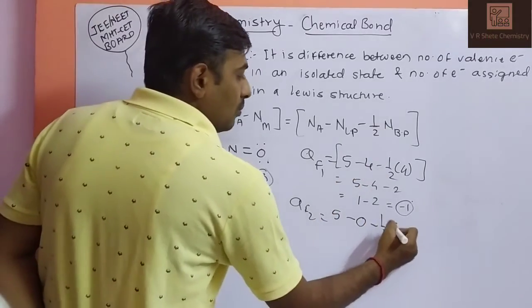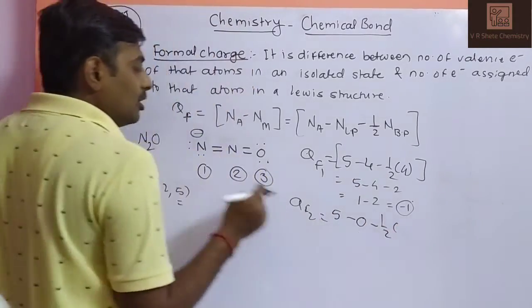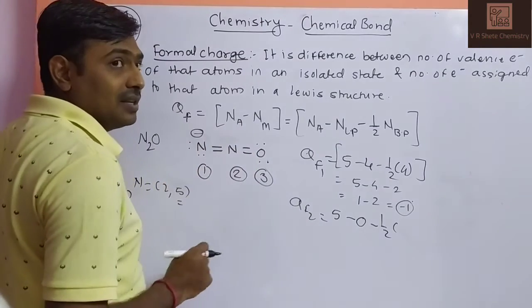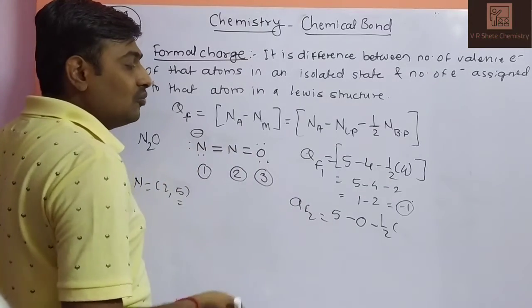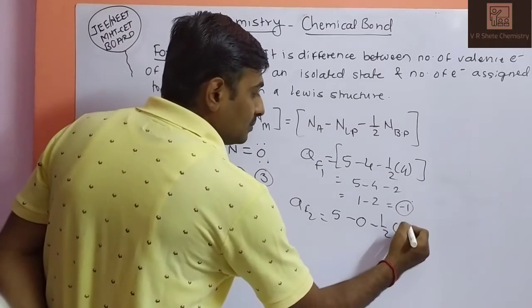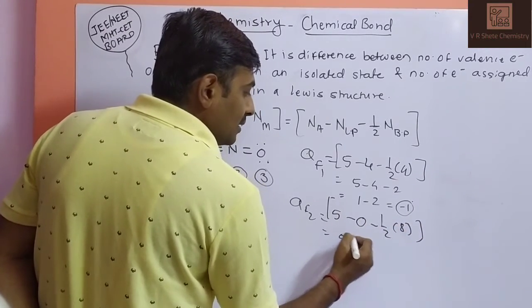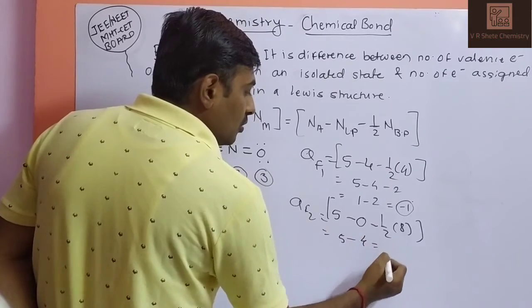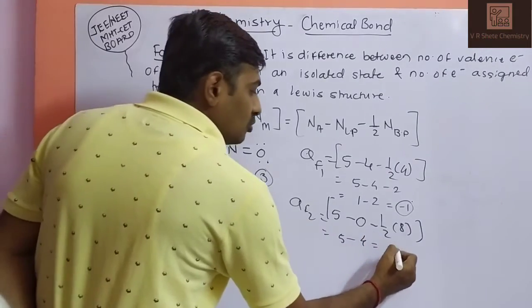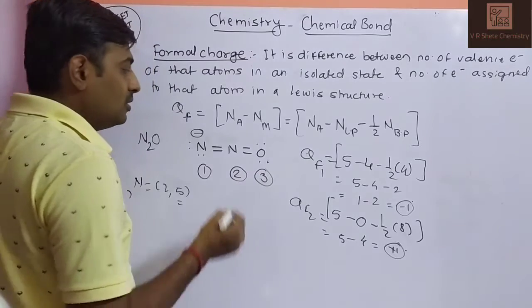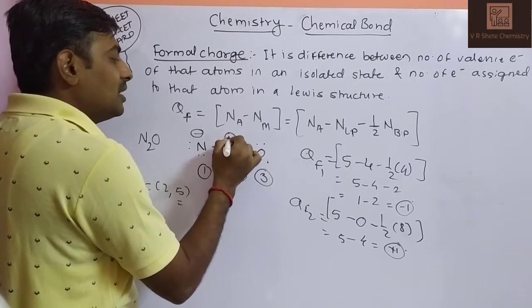How many bonds are there? 1 2 3 4, 4 bonds, to the left side and right side. So 4 bonds means 8 electrons. 5 minus 4 is plus 1. So plus 1 is the answer for the formal charge.